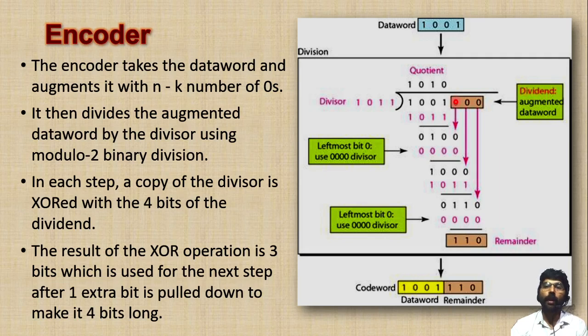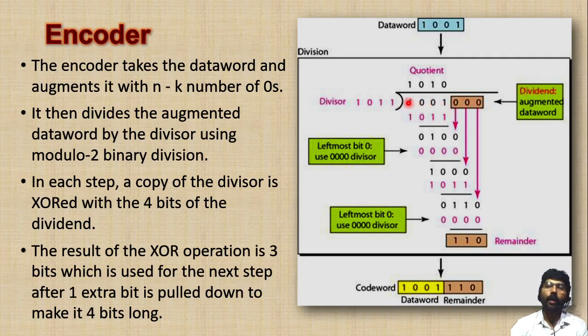In my example, the k size is 4 bits and the n size is 7 bits. That is, the code word is 7 bits and the data is 4 bits. So I have to add 3 additional bits to this data. That is called augmenting. I am augmenting 3 zeros to this data word.